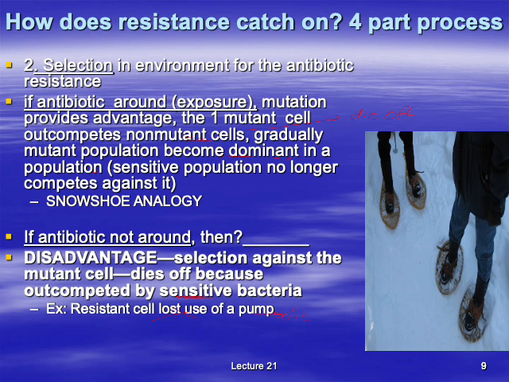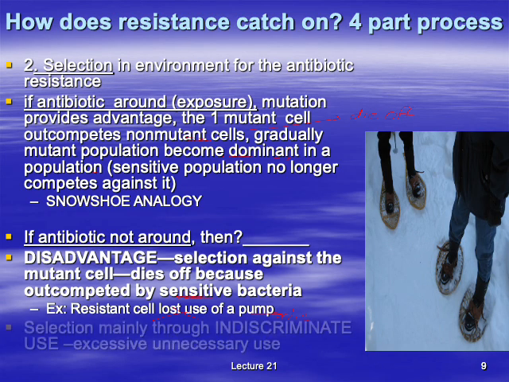And the non-mutated sensitive ones, they're going to be fine because there's no antibiotic around. So you get the idea that if you do have a resistant bacteria, if the antibiotic isn't around, they're actually at a disadvantage and they're going to die off pretty quickly. So the antibiotic has to be around to select for the resistant bacterium.